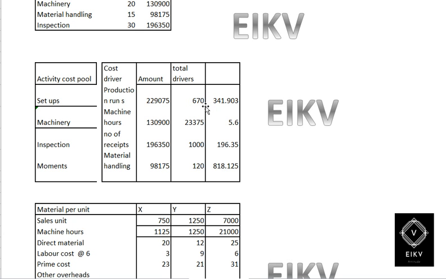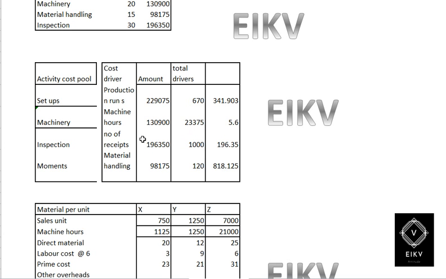Therefore 2,29,075 divided by 670 will give the cost driver rate of 341.9. Going ahead with machinery cost, the cost driver will be machine hours. The total machinery cost is 1,30,900 and total machine hours will be 23,375. Therefore 1,30,900 divided by 23,375 will give 5.6 per hour.